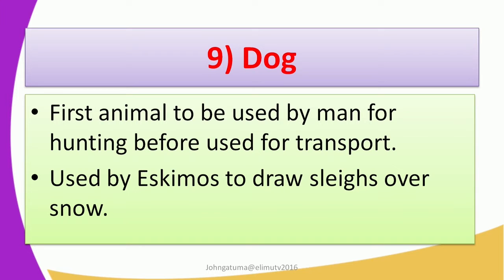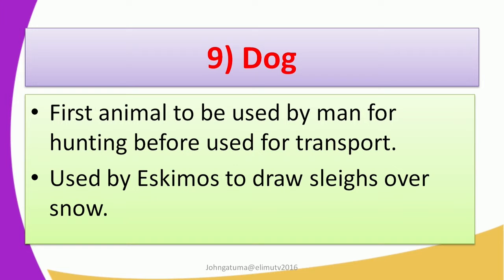Initially, during the New Stone Age period, that is 5,000 years ago, the dog was domesticated and used for hunting. But later, the Eskimos found that the larger breeds of the dog can be used to draw or pull the sleigh over the snow.